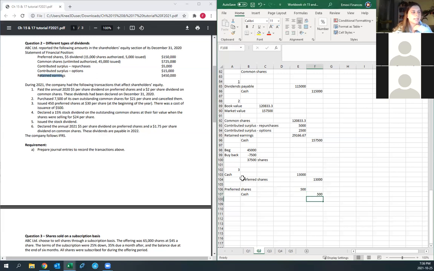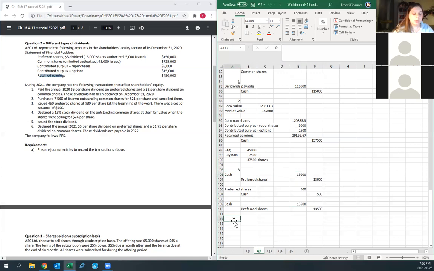But this is the complete transaction, or you can do it in 2 times, doing cash and preferred shares for 15,500. So you can either do these 2 transactions or just do that one transaction. They do the same thing.